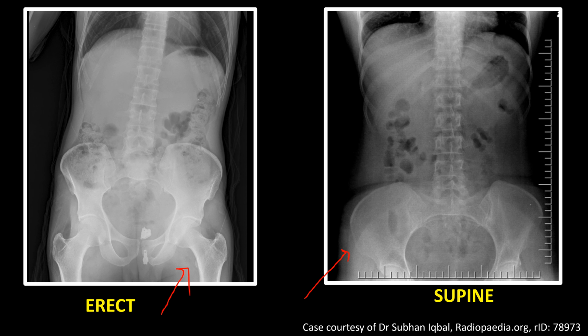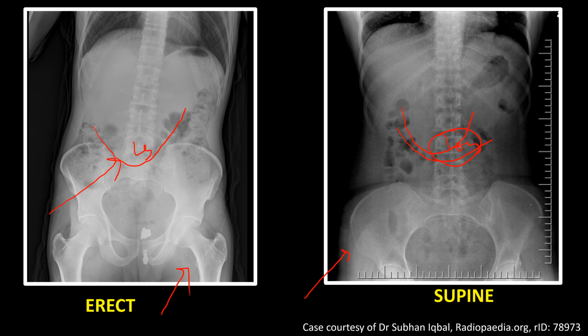In supine position, the transverse colon is at a lower level than the transverse colon in erect posture. As you can see in this image, the transverse colon has reached almost up to the L5 level, while in this image, the transverse colon has reached the L2 to L3 level.